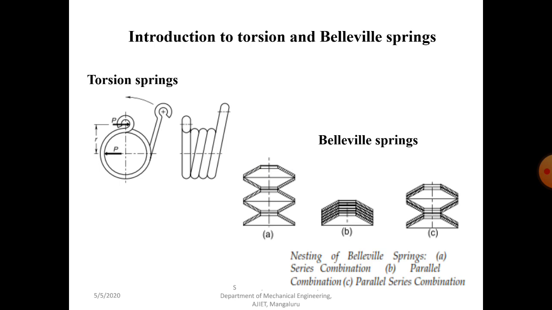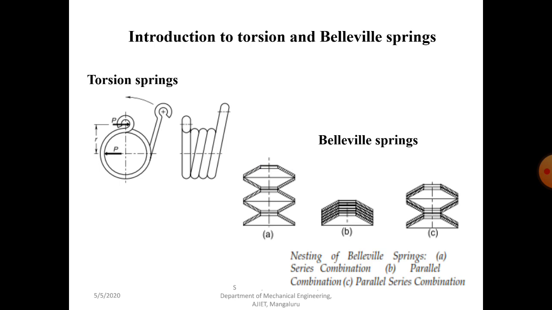So this is about torsion spring and Belleville spring. That completes your springs. Now only one important part is remaining, that is problems based on design of helical spring as well as design of leaf spring. These are the important problems.